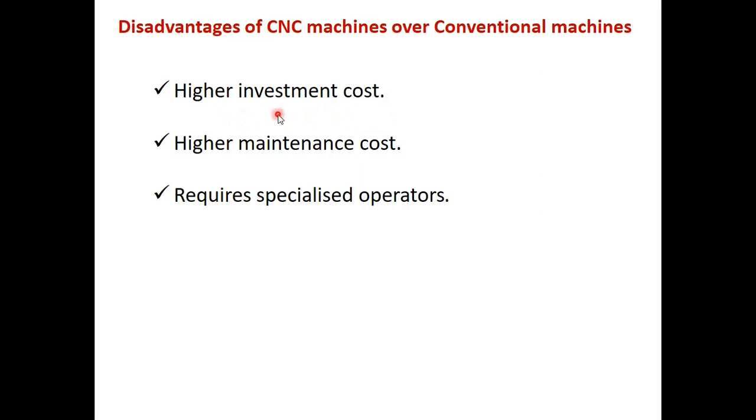But the same with a CNC BFW may cost me around 25 to 35 lakhs. Definitely there is a higher maintenance cost for the CNC machine compared to conventional, and it requires special operators. The cost of the operator is high for CNC, because he should have knowledge of complete CNC programming also.